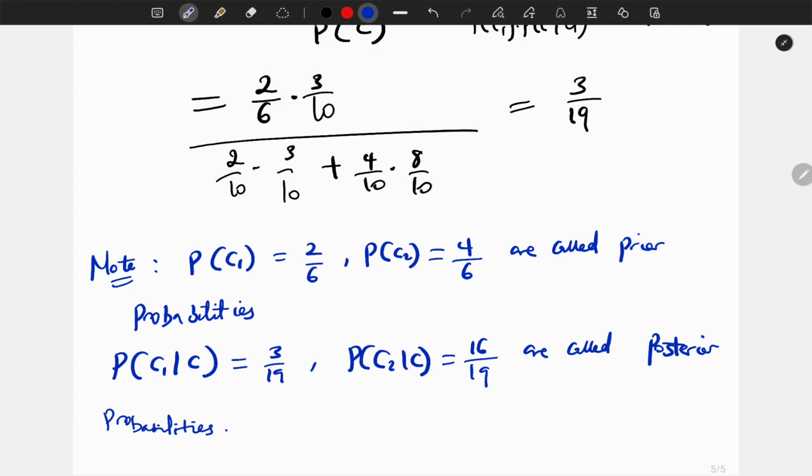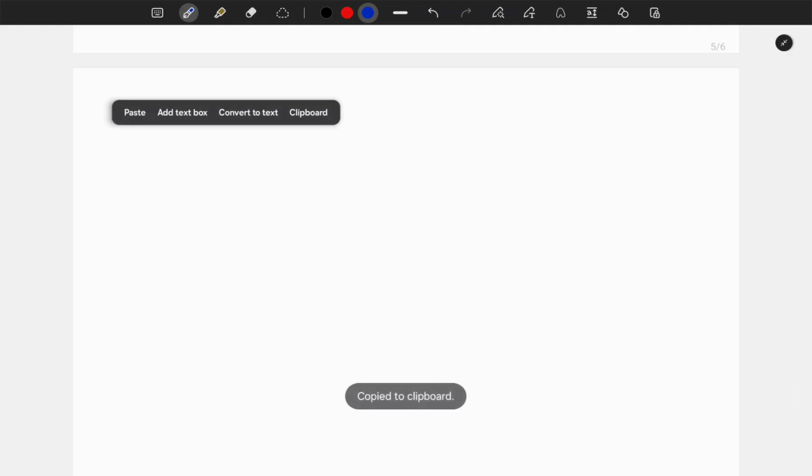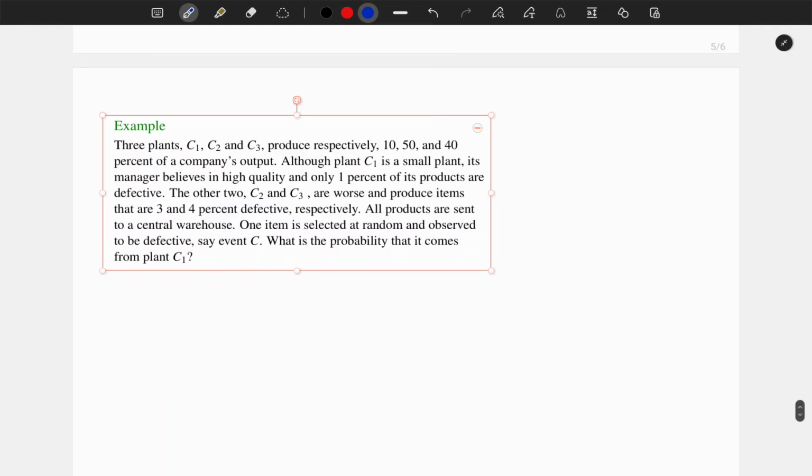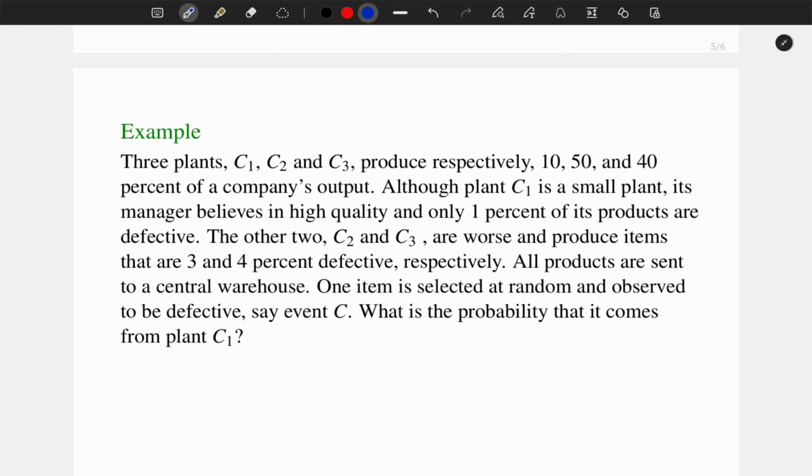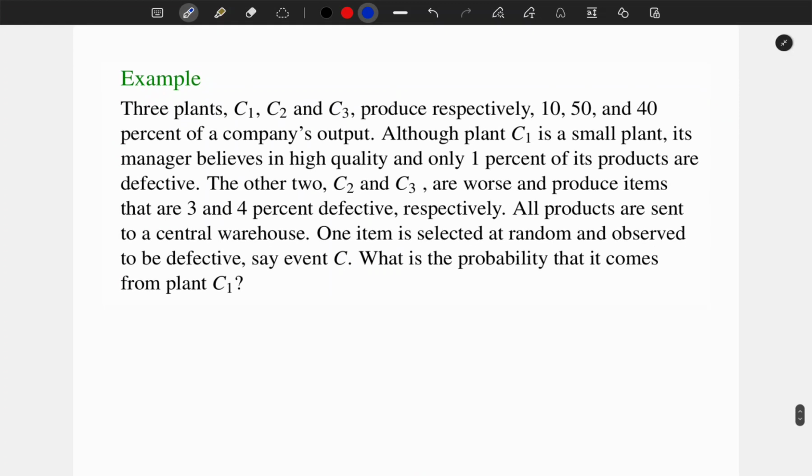So I have another question here, an example. Three plants, C1, C2, C3, produce respectively 10, 50, and 40% of a complex output.